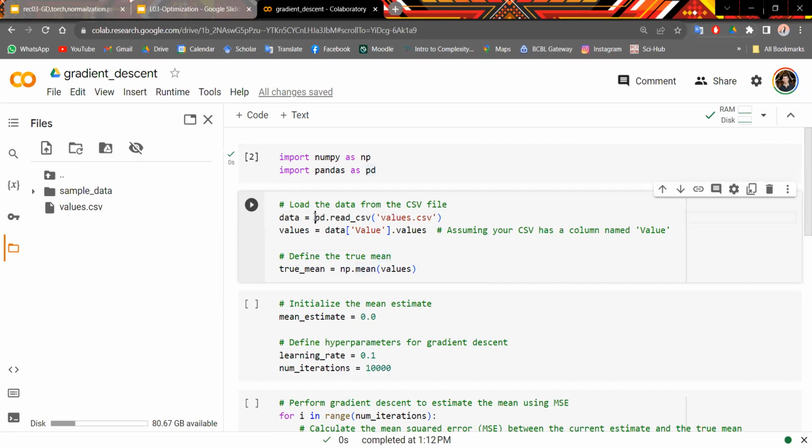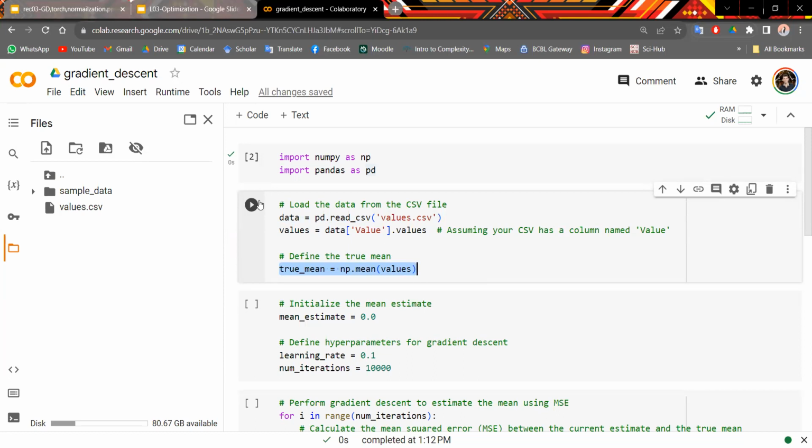So I'm going to use the pandas function read_csv to read the CSV file. The values are just the data. And the true mean is the actual mean of the values. But let's say we don't know it, and we want to use gradient descent to solve it.